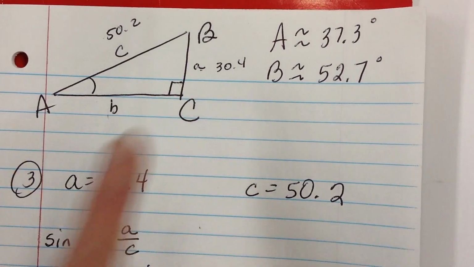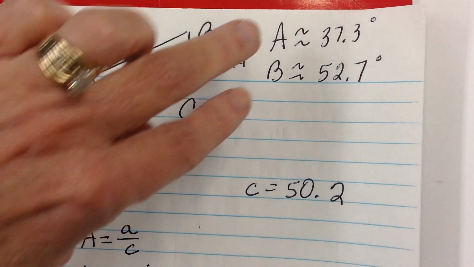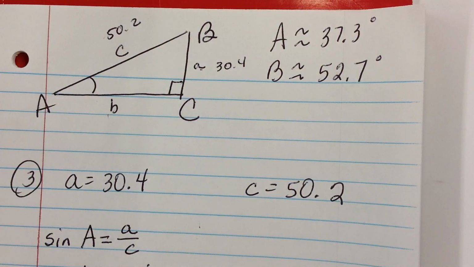Well, being that this is a right triangle, if you know two sides of a triangle and you're missing the third side, we can use the Pythagorean theorem. So my advice to find side B is to use the Pythagorean theorem because we can't use a trig function to get the exact value that the Math Excel wants, because these two are approximations.